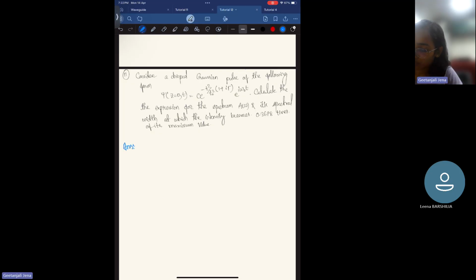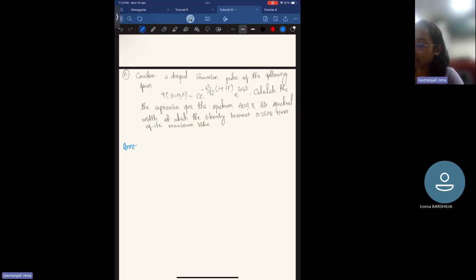Please go through the question once. In the question, it is given: consider a chopped Gaussian pulse of the following form.